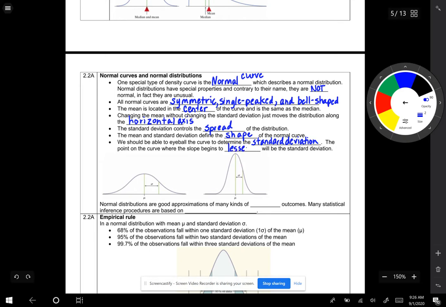If you took calculus, this would be known as the inflection point, but you don't need to worry about that because you don't need calculus to take this class. So if you haven't taken it, don't worry about it. Normal distributions are good approximations of many kinds of chance outcomes. Many statistical inference procedures are based on normal distributions.